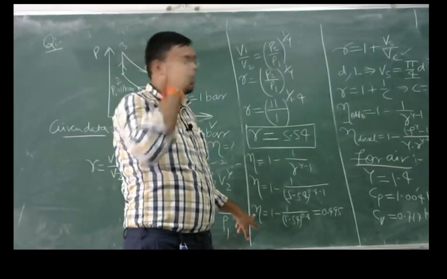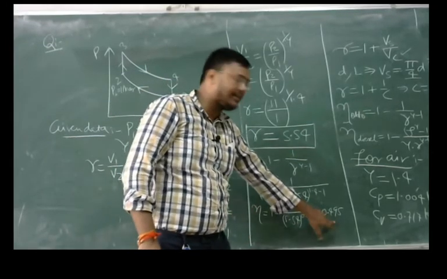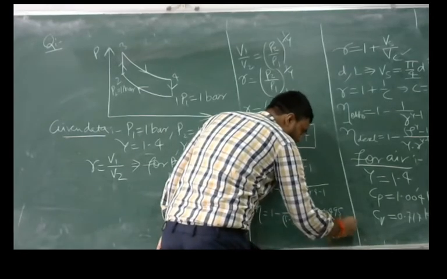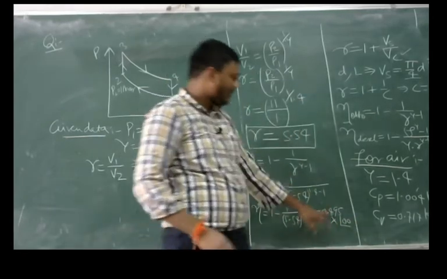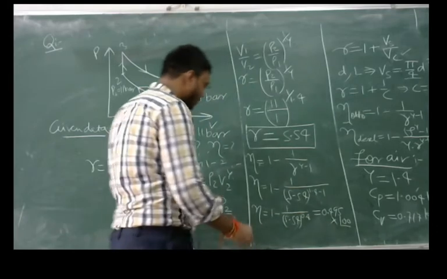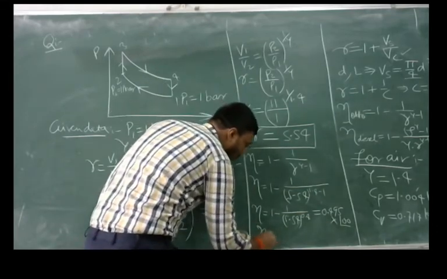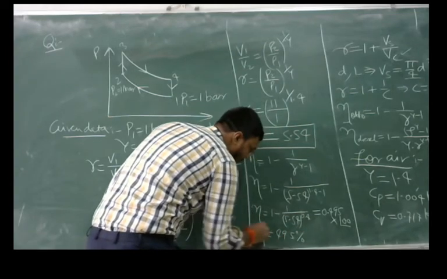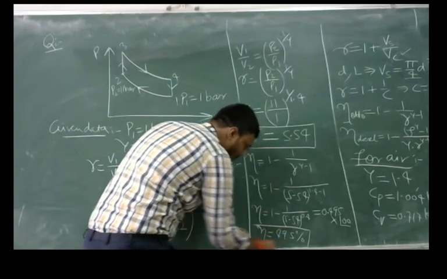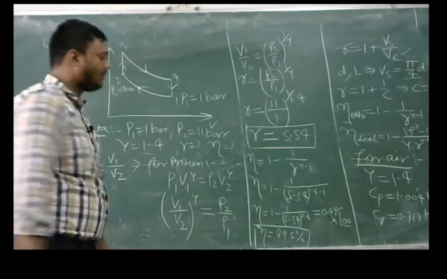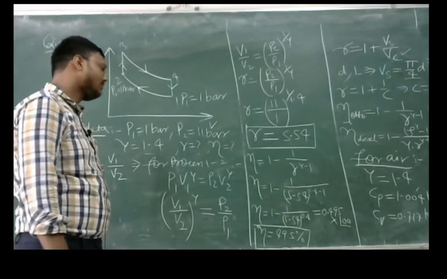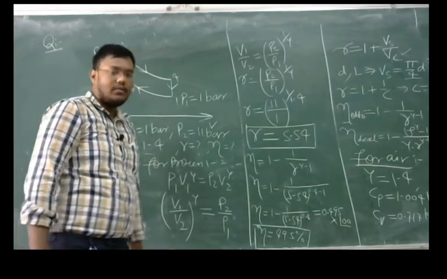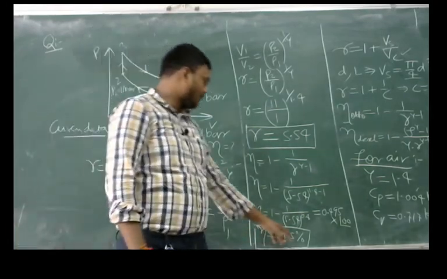So to convert to percentage, multiply by 100. Then you will get the actual efficiency: eta is equal to 49.5%. So we have also got the value of efficiency, which is equal to 49.5%.